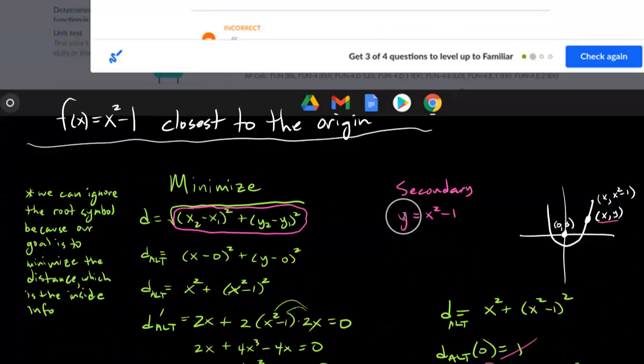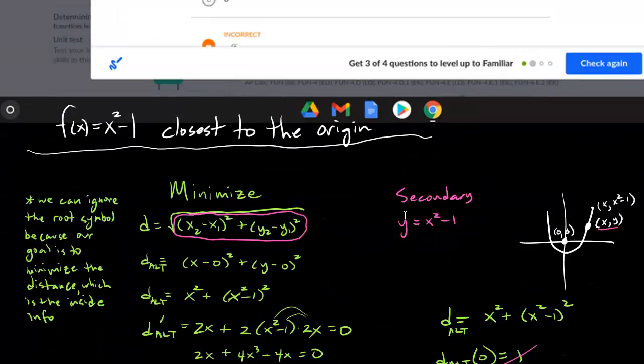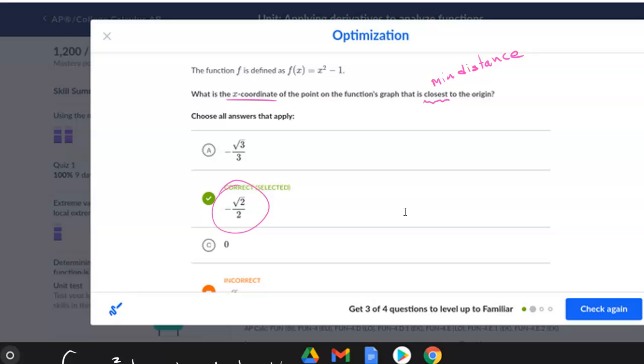Oh, because I wrote my answer in a non-correct form. Negative square root of 1/2 is the same thing as negative square root of 1 over square root of 2. So it's negative 1 over square root of 2, and then they rationalized it.